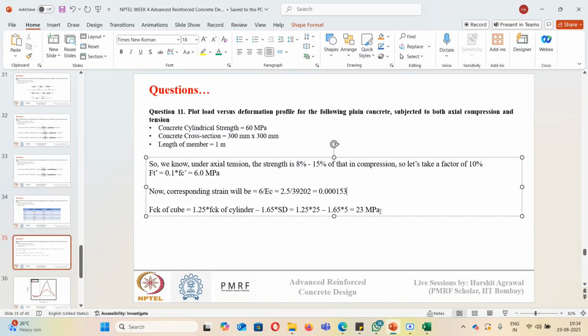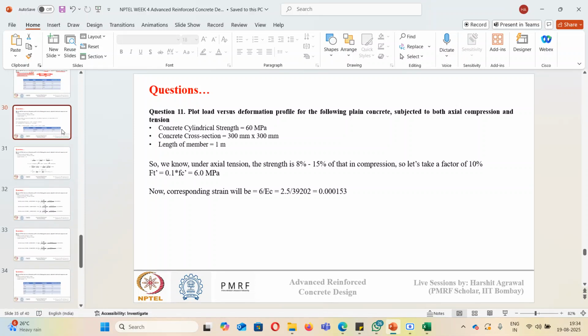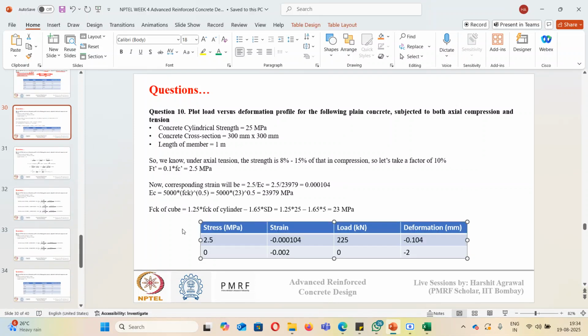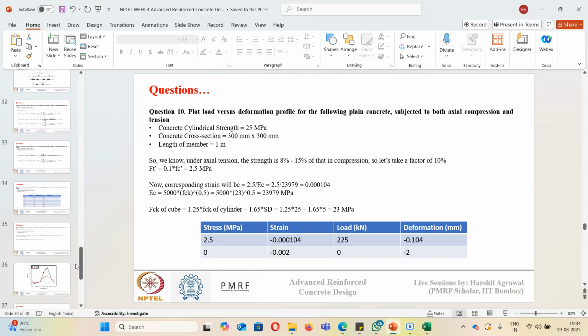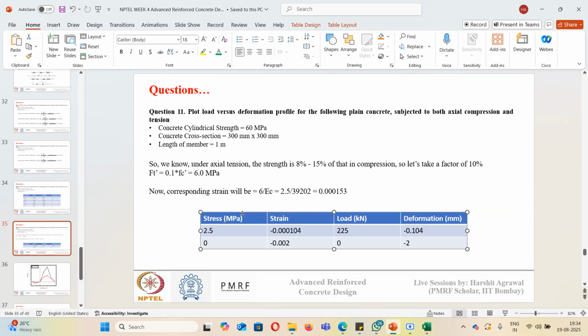Again we have 2 points. We know in concrete there is brittle failure, so 2 points are enough for us. There is a peak and then a sudden drop in load. So stress is 6 MPa at a strain value of minus 0.000135, and stress is 0 at a strain value higher than this.